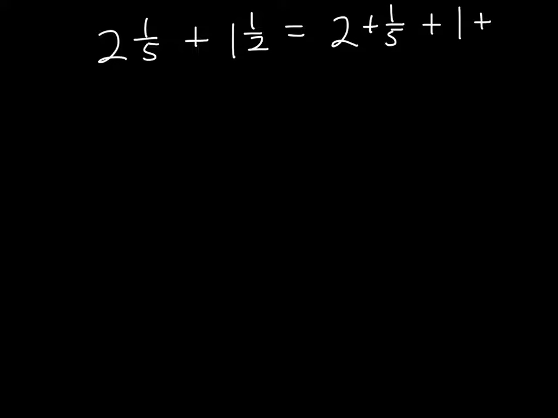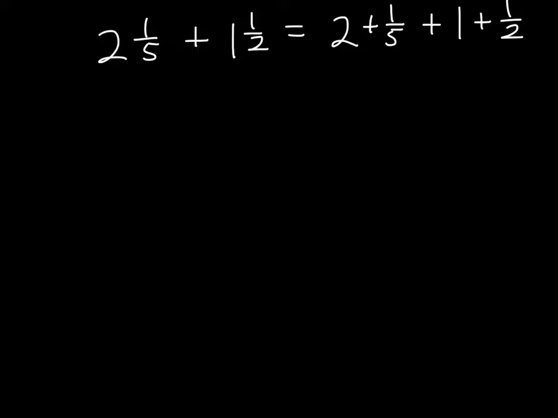Now I'm going to add 2 1/5 plus 1 1/2, just using numbers the way we were practicing last night. I am still going to decompose into the whole parts and the fractional parts, so it's going to look like 2 plus 1/5 plus 1 plus 1/2.